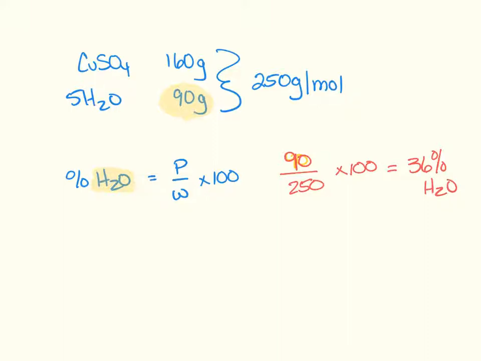So if you were to buy this, 36% of what you're buying is going to be water. And what percent would be the salt? Well, there's 2 ways to calculate this.